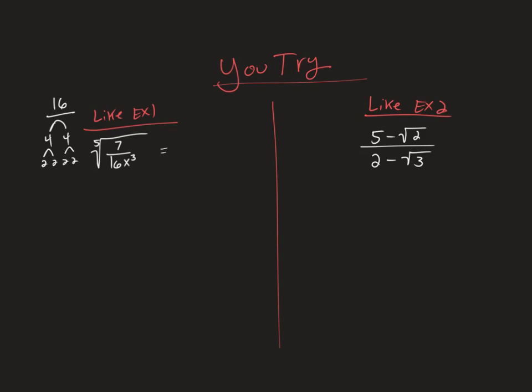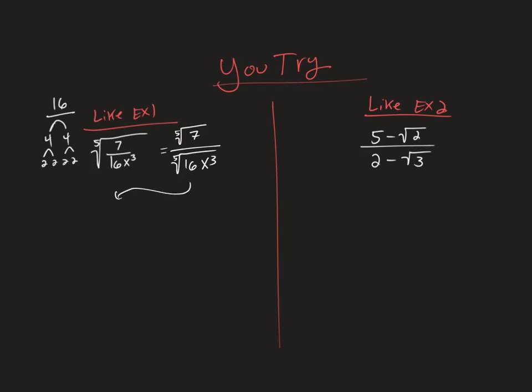So we'll use the property. We've got the 5th root of 7 over the 5th root of 16 x cubed. That's our first step, and we'll just clean it up over here.